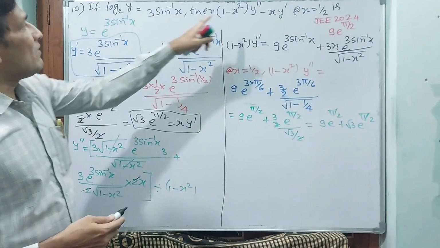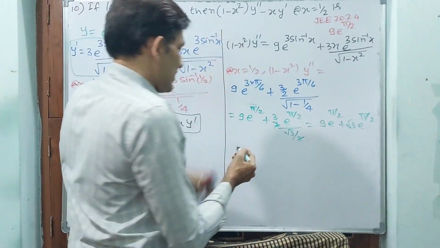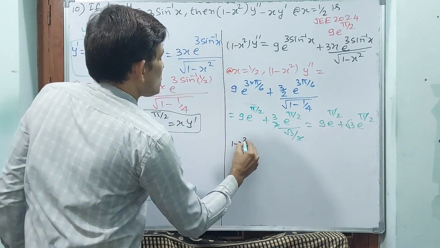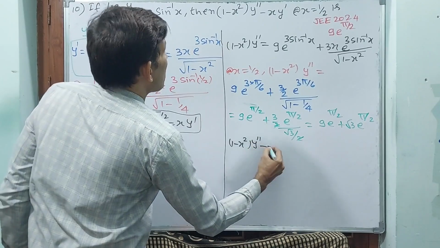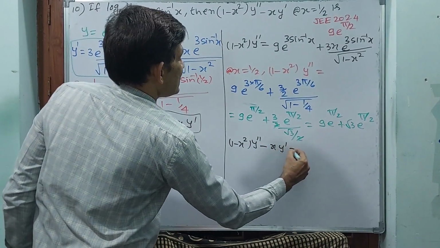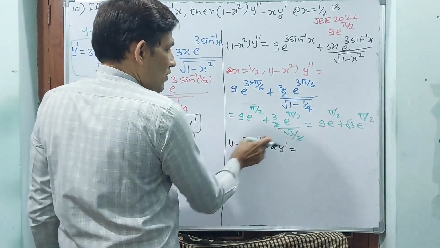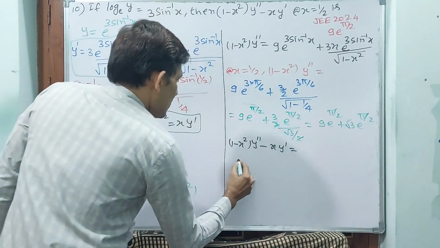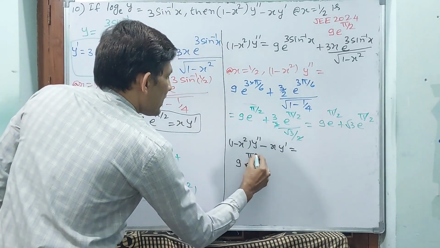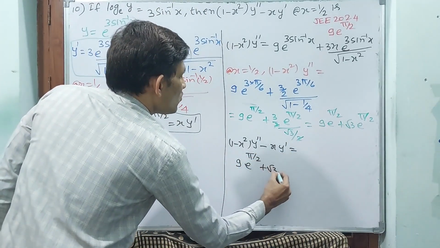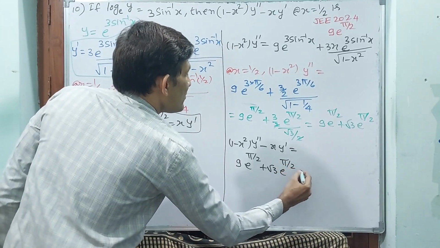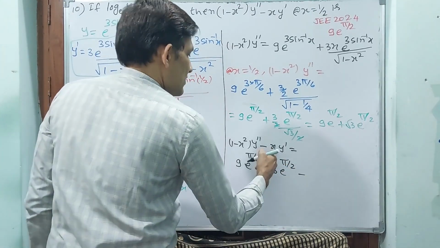Okay, now finally what are they asking? They are asking this right now. 1 minus x square y double dash minus x y dash is equal to, see, 1 minus x square y double dash value is this one: 9 e power pi by 2 plus root 3 e power pi by 2, minus x y dash.